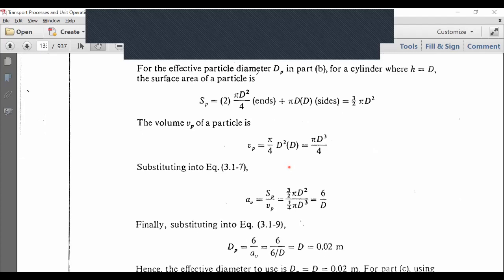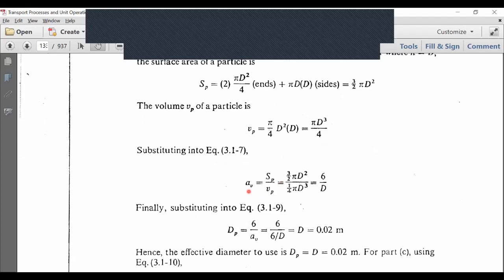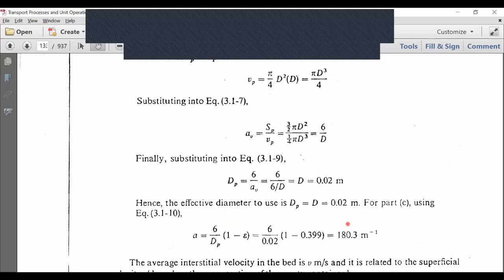Substituting into equation 3.17, SP divided by VP, I can find that AV equals 6 over D. Since the diameter of the particles is 6 over AV, it's 6 over 6 over D. So it becomes D. So dP equals D equals 0.02. The effective diameter for part B is 0.02.